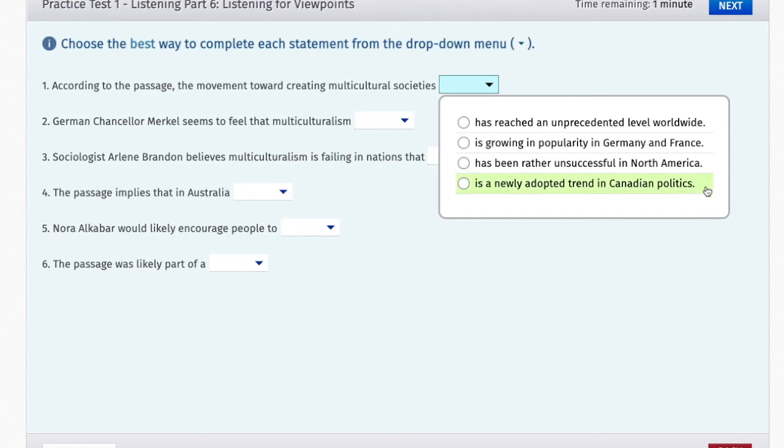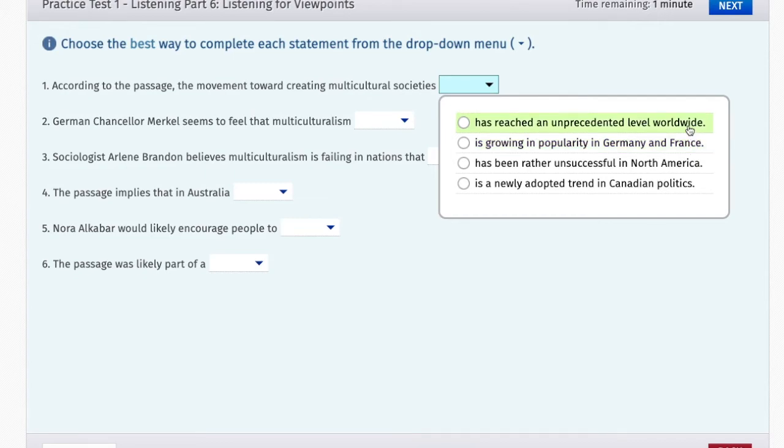So, to be clear, lower levels probably will choose this answer because they heard Canadian politics. They might choose this answer because something related to North America. They might choose this answer because Germany and France was mentioned in the lecture.